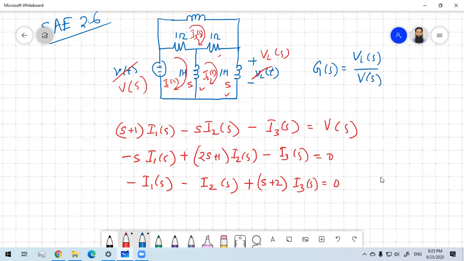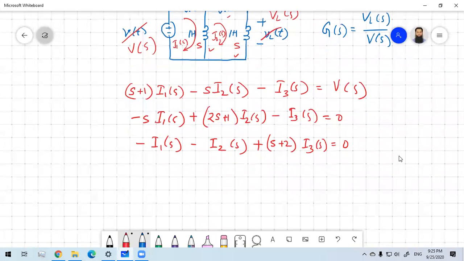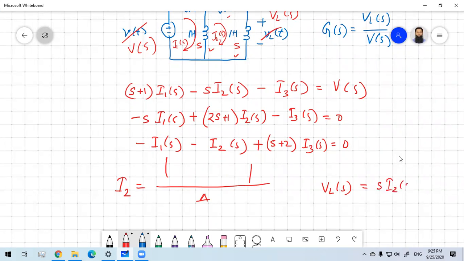What do you have to figure out? The voltage across the inductor. For the voltage across that particular inductor, we have to go for the current I2. So you have to find out current I2 using Cramer's rule, divided by del. After doing that, VLS should be equal to S times I2S.